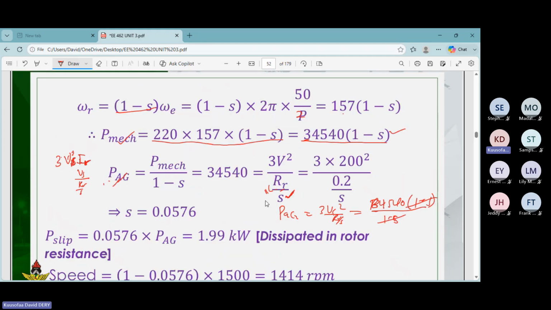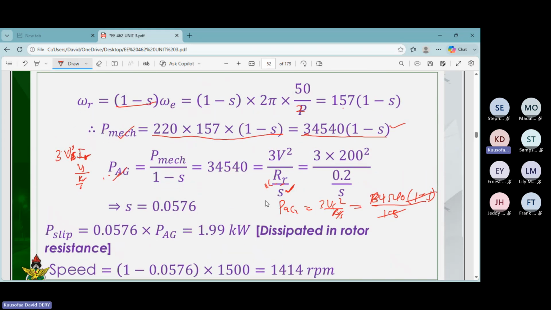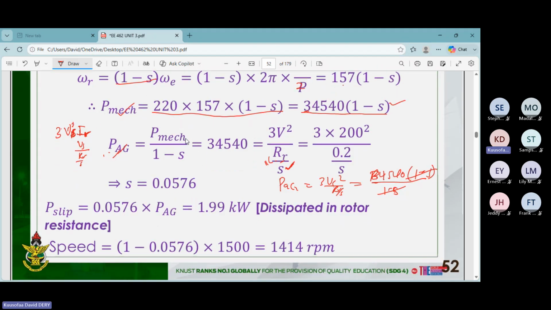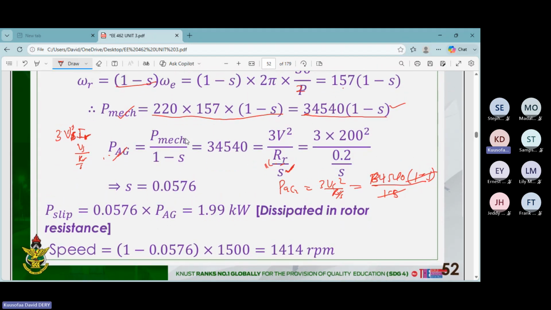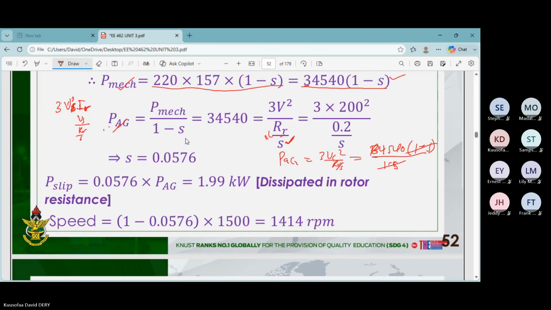Okay, please, if you don't have any question, then let's continue. I think that is how you go about the second part of the example. So it's not any big deal. All right.